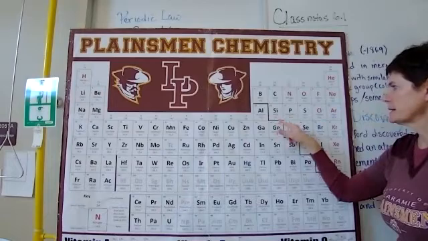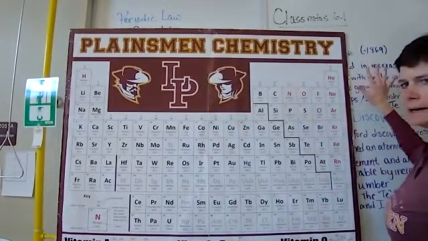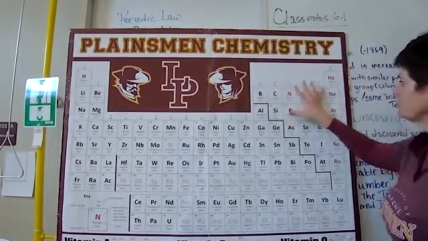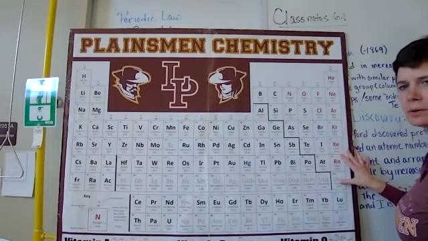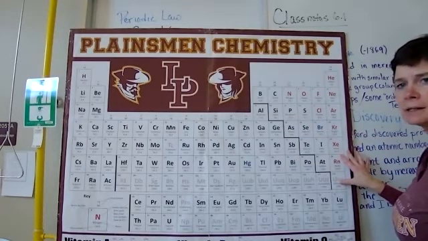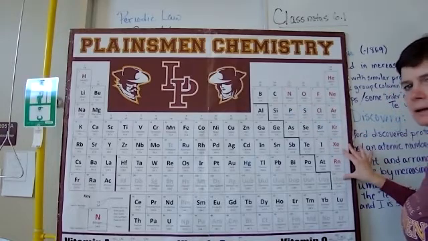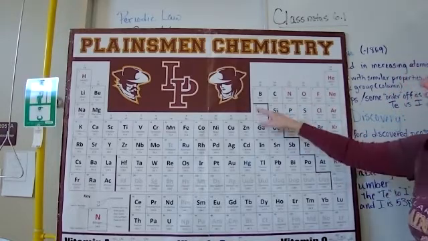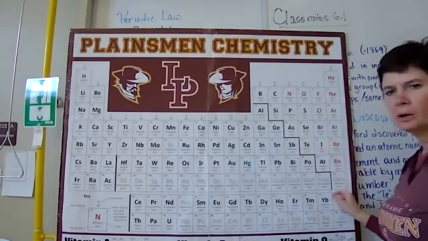So now let's look at the stair-step line again and consider the elements that are to the right side of that. The elements to the right side of the stair-step line, you can see that's quite a lot fewer, not as many as the metals. These are called non-metals, okay? Any elements that are touching the stair-step line may be a metalloid.